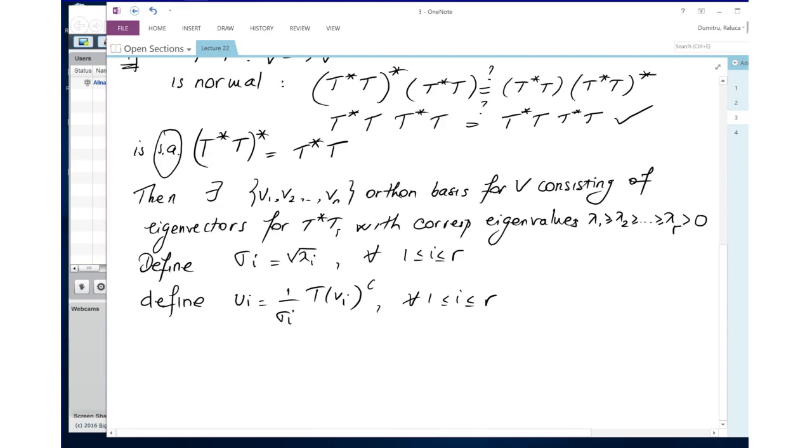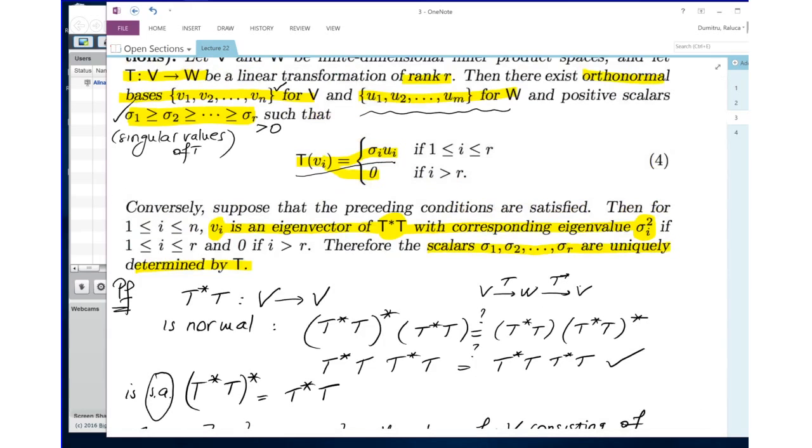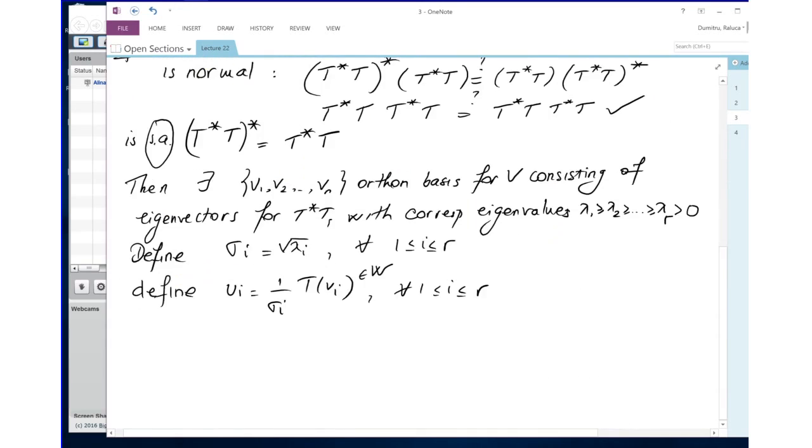Now, those vectors ui will, of course, be in the image of T, which is in W, right? But I don't know that they will form, what do I need them to form? They need to form an orthonormal basis for W, right? And I don't know that. So let's just check that this set is an orthonormal set.